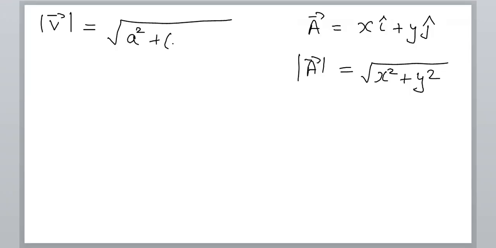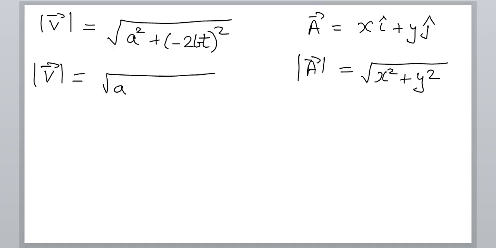The modulus of the velocity vector is the square root of a squared plus (minus 2bt) squared, and this is equal to the square root of a squared plus 4b squared t squared. Okay, so this is the modulus of v vector.